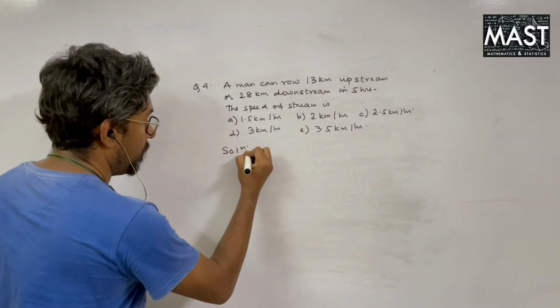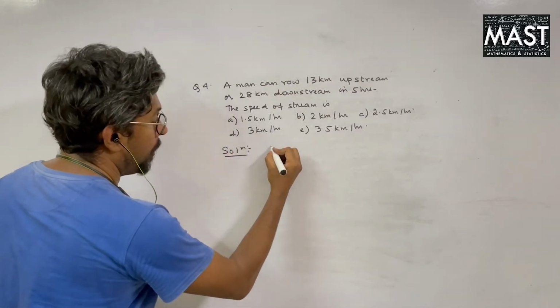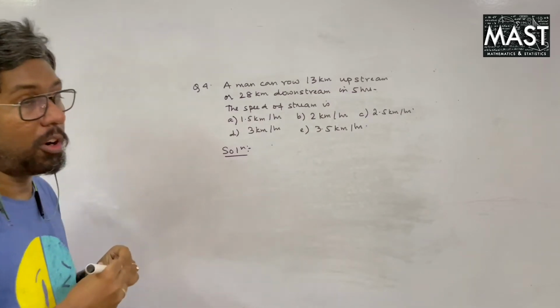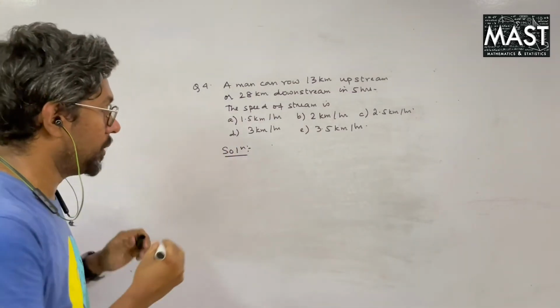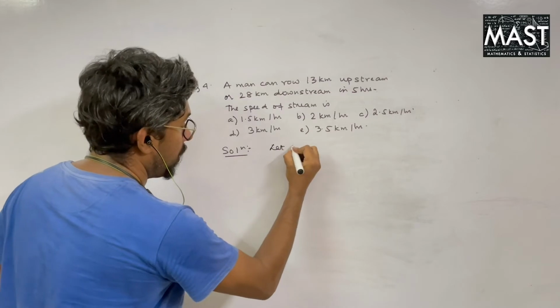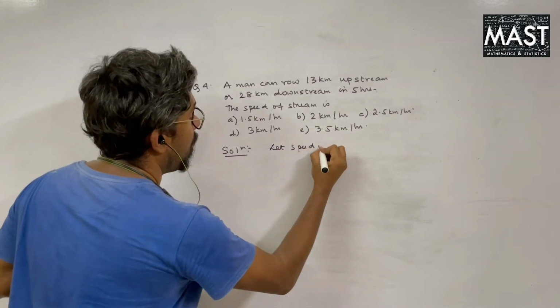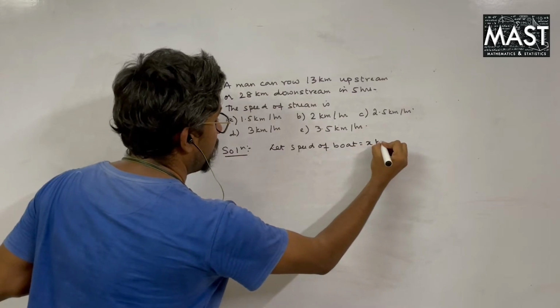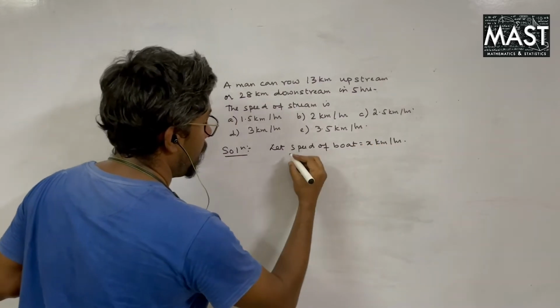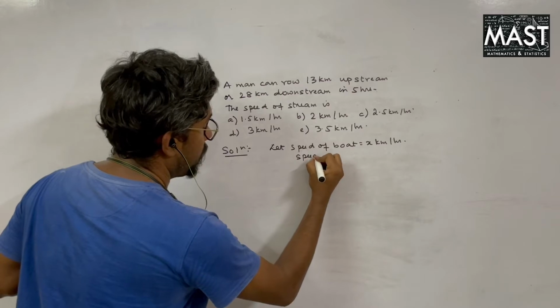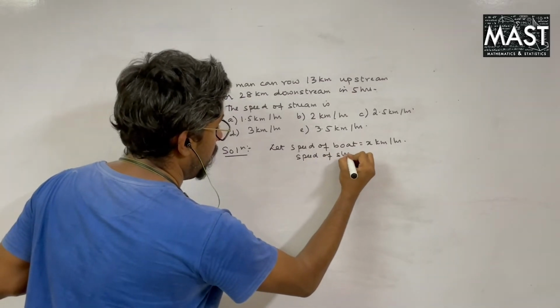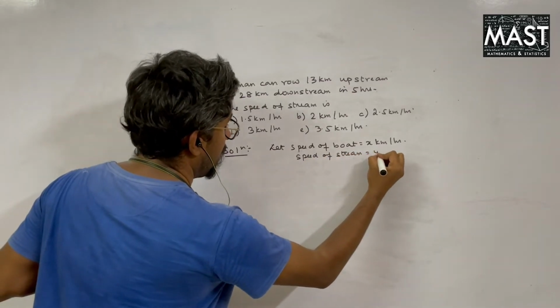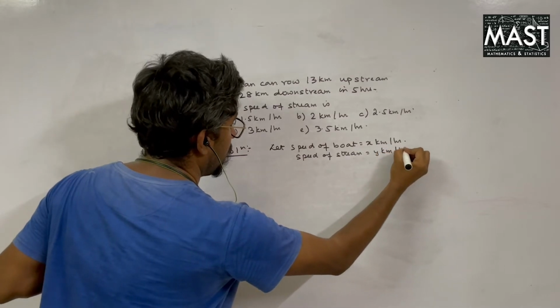When we solve this sum, we need to remember the formula for upstream and downstream. Let speed of boat equal x kilometer per hour. So speed of stream, we assume it as y kilometer per hour.